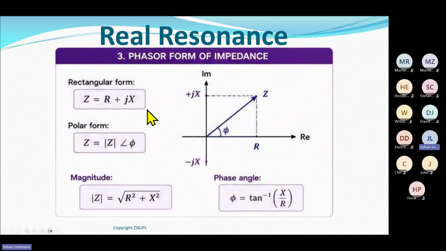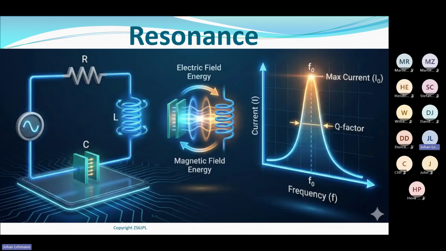But that's just out of interest's sake. This is not in your book, but perhaps it puts some clarity for you on it. So if we just go back again to our circuit, this is a series resonance circuit. It's got a resistor and it's exchanging energy.